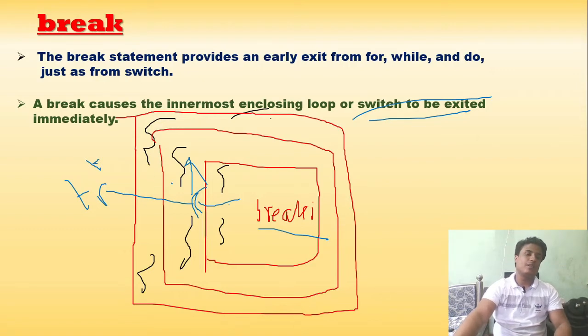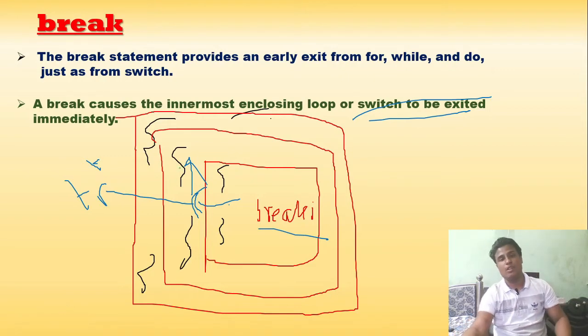Now for example's sake, suppose break is not used here in the innermost loop. Suppose we cut out this block, there is no break statement there, and suppose the break statement is used in this block. What will it do?